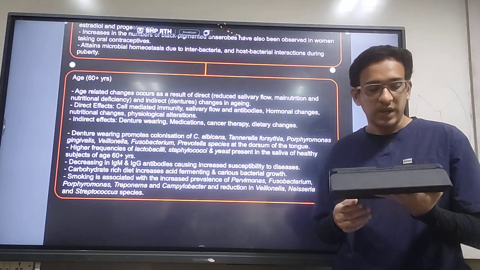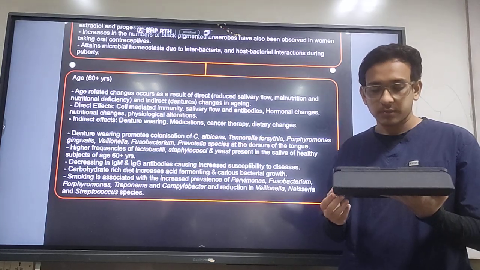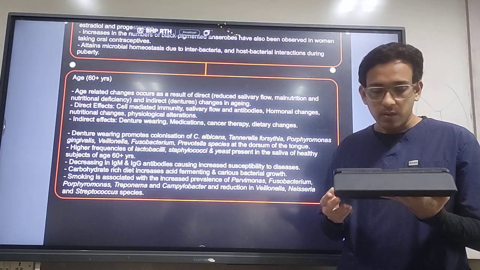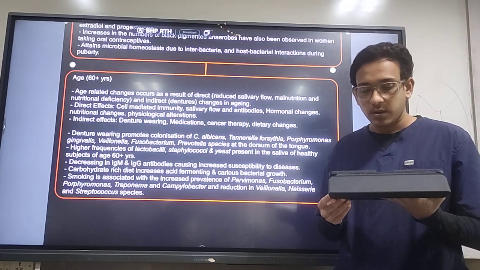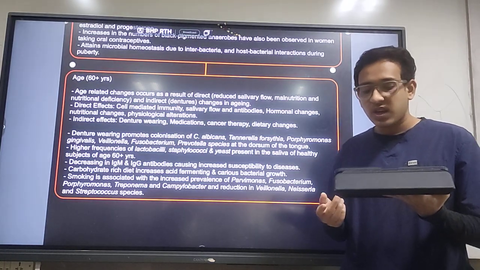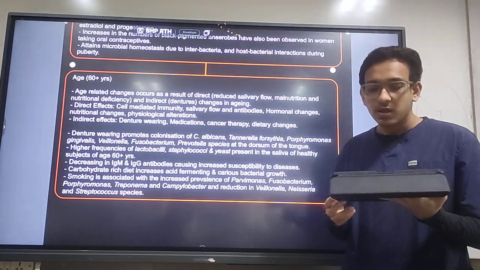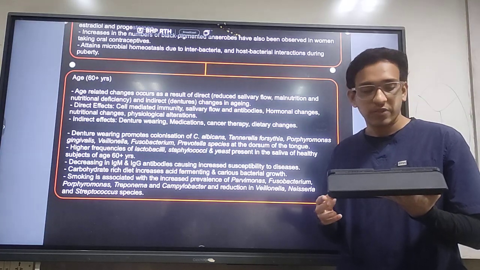So in denture wearing people, Candida albicans colonization is prominent, along with Tannerella forsythia, Porphyromonas gingivalis and other species, mainly isolated from the dorsum of the tongue.